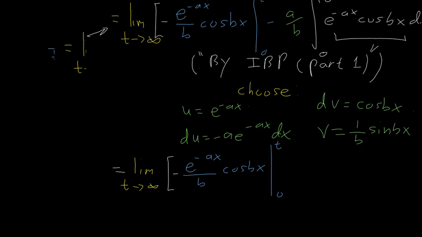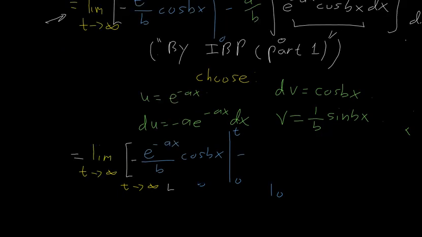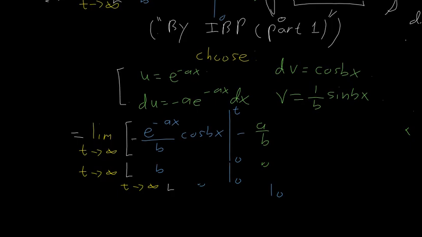That's the first thing. Minus a over b. And then we just substitute into this craziness right here, what that integral is in terms of uv minus integral v du, using what we found here. So we're going to have minus a over b, integral from 0 to t.